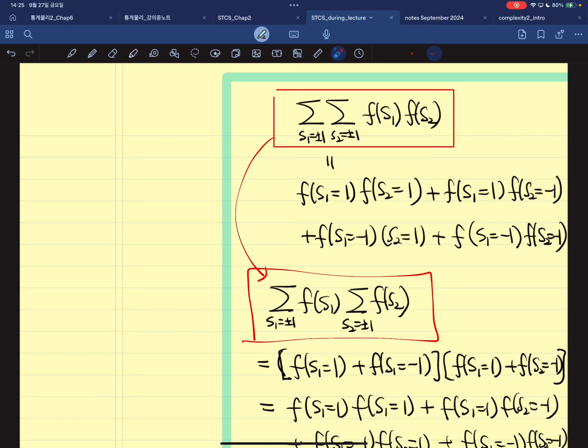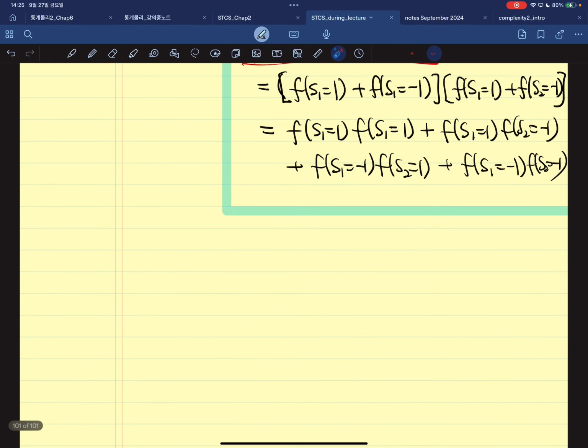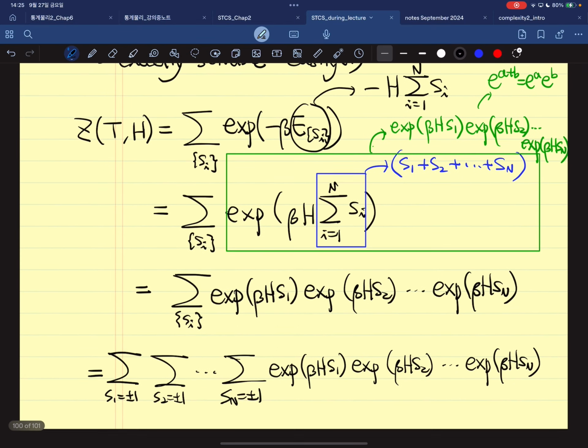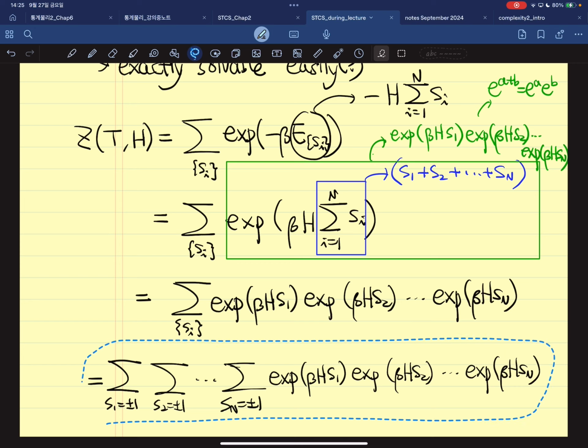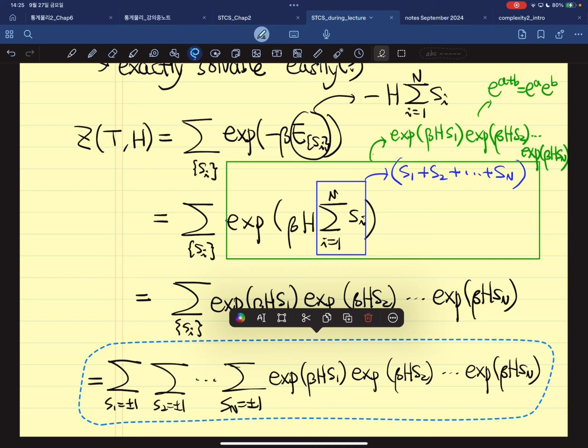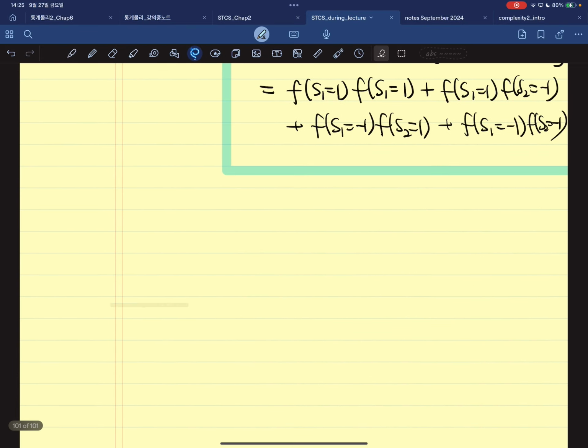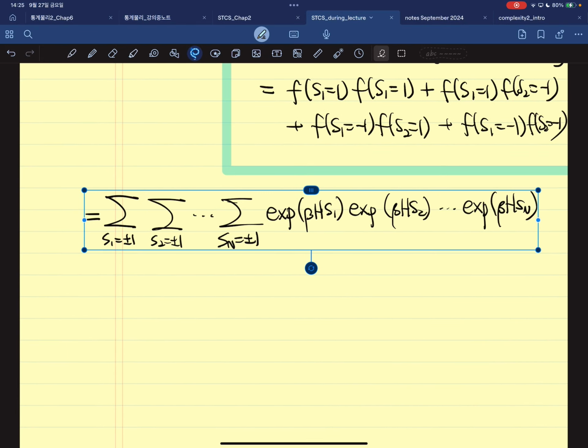If there's some kind of non-trivial part, like suppose this function is not just a function of S1, but S1 and S2, we cannot just split this like this. But because we have all these separated terms, we can now switch this one.